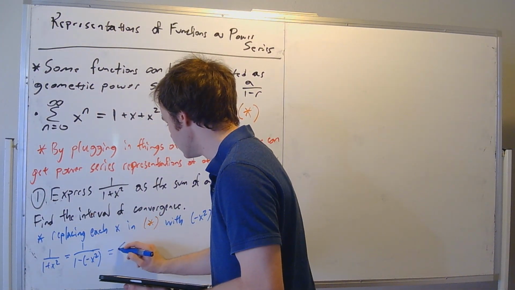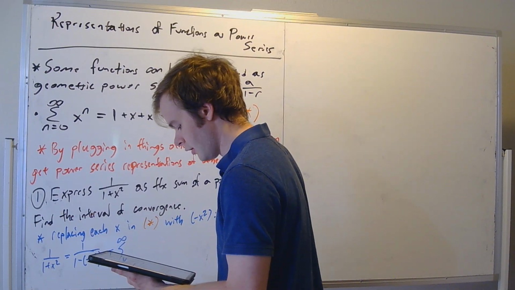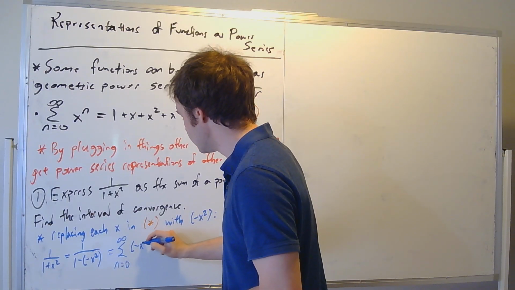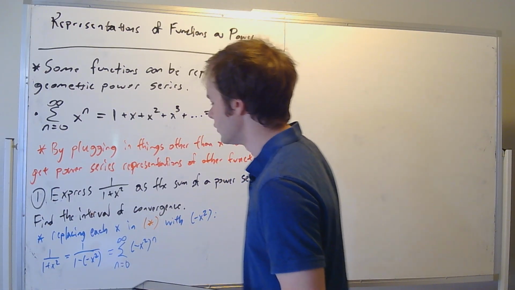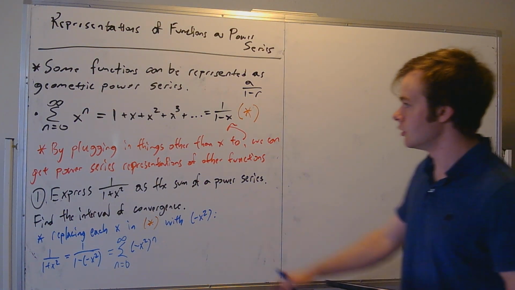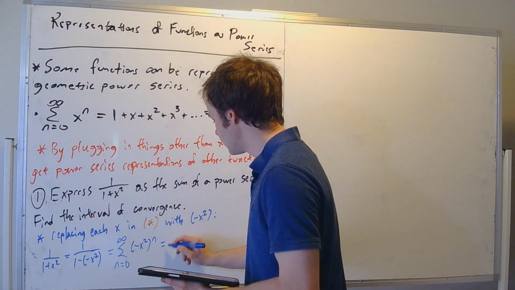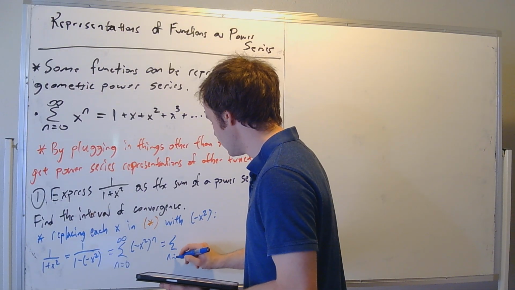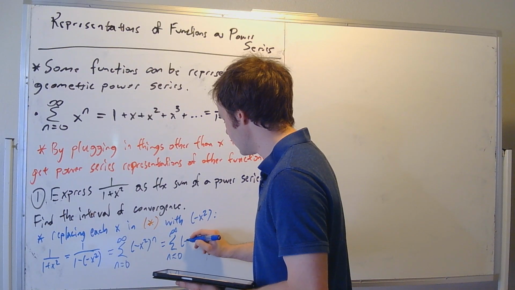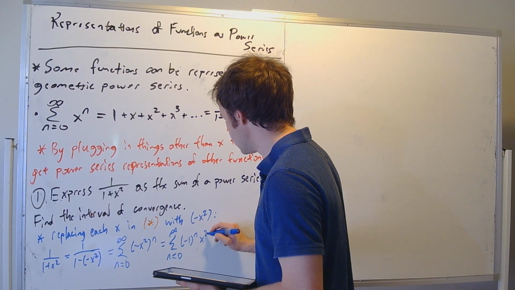So we can replace this with the sum from n equals 0 to infinity of, now we replace this x with a negative x squared, to the power of n. That's how we can write it as a power series, just by using this equation up here. Now we can break this up and say that this is the sum from n equals 0 to infinity of minus 1 to the power of n times x to the power of 2n.